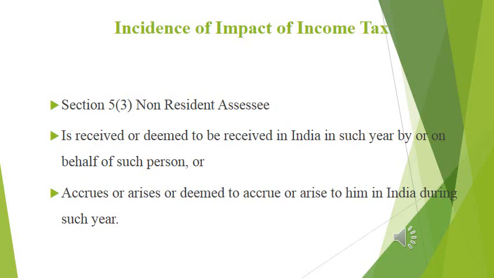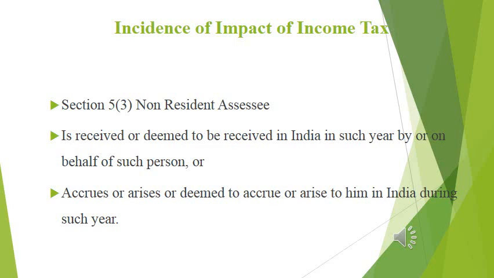Then we move to the last implication, that is the non-resident assessee. Section 5 subsection 3 of the Income Tax Act 1961 deals with the incidence for the non-resident assessee. Only two categories of incomes are liable to pay tax. First one, received or deemed to be received in India in such year by or on behalf of such person.